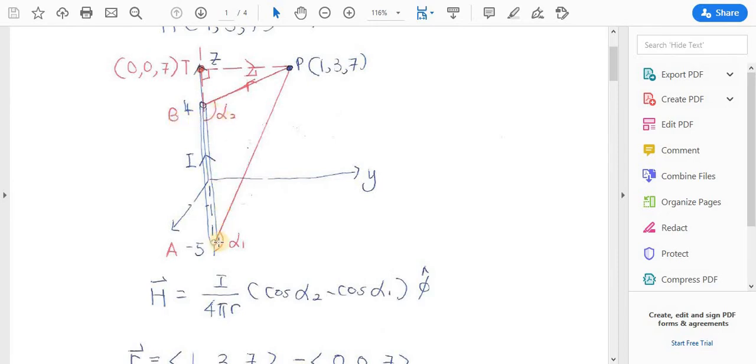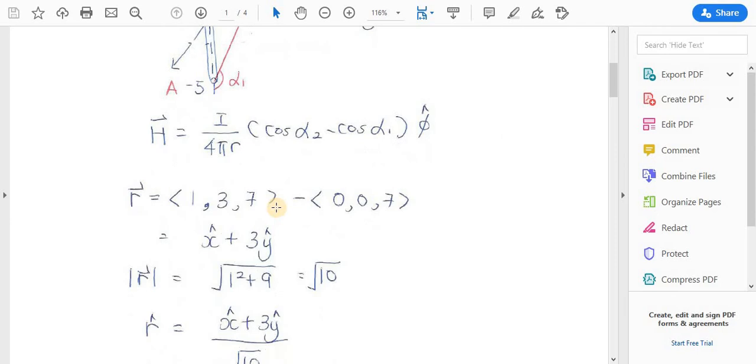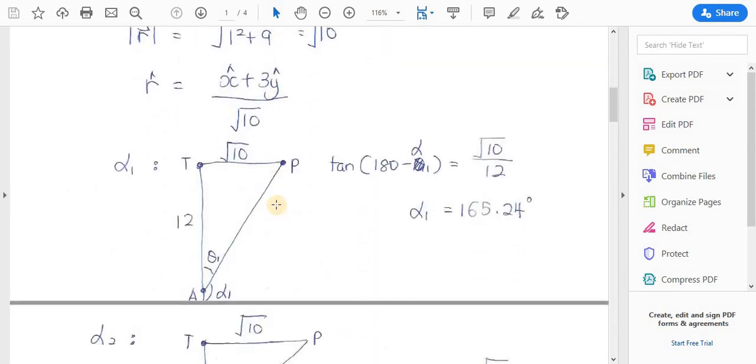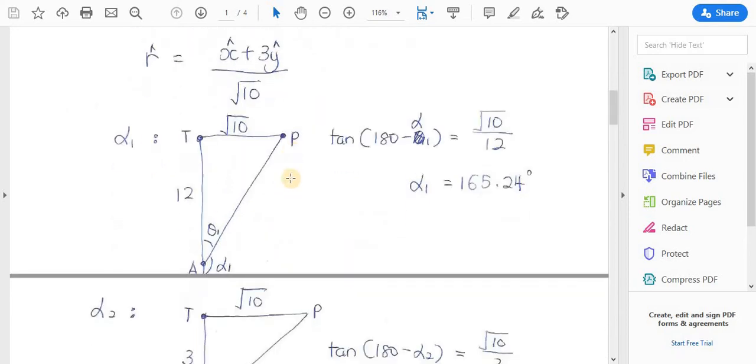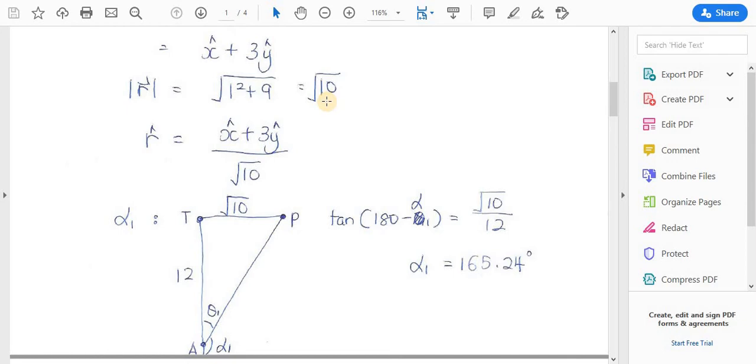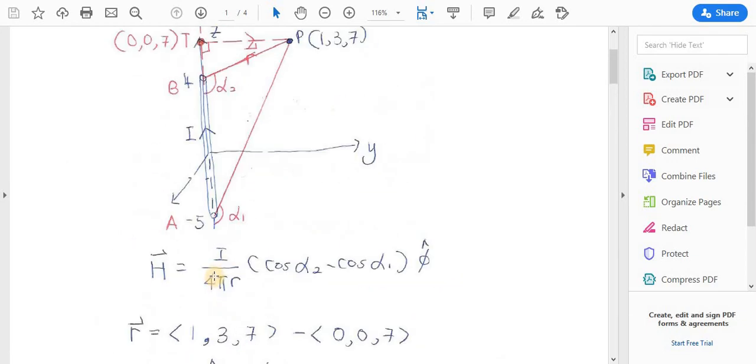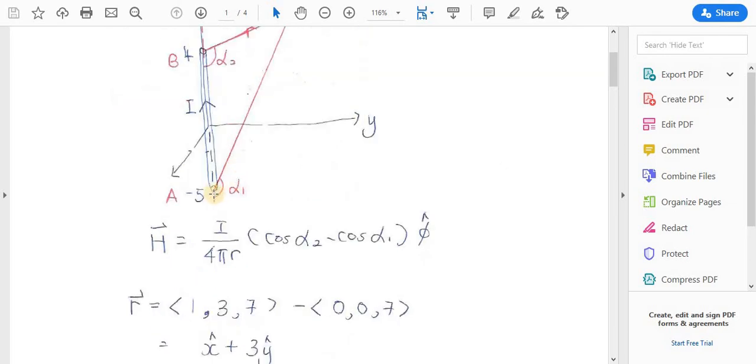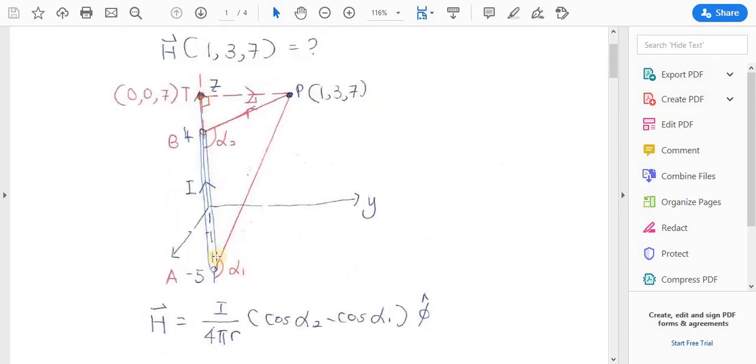Now your job is to find the angles based on the concept of triangles. So I redraw the diagram. This is point P. I redraw it in 2D because that will be easier for the calculations. This is point P, point T, and also point A. The length TP is square root 10 because it has been calculated just now, and this is 12, since from -5 until here, 7 plus 5, you get 12.